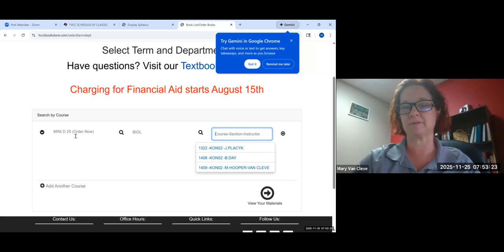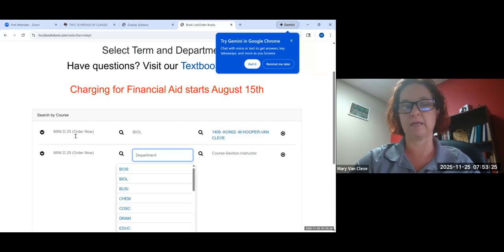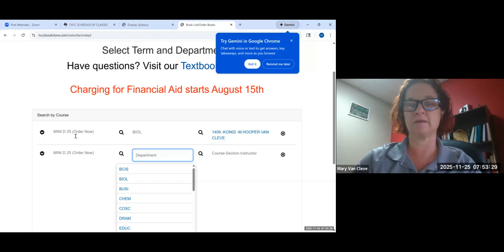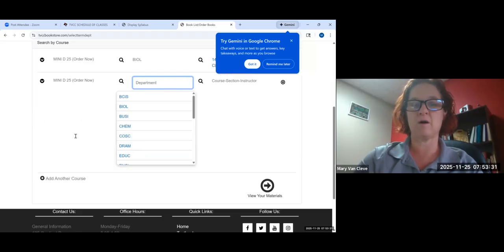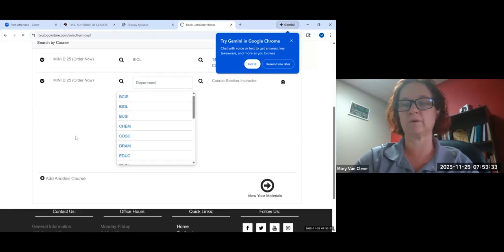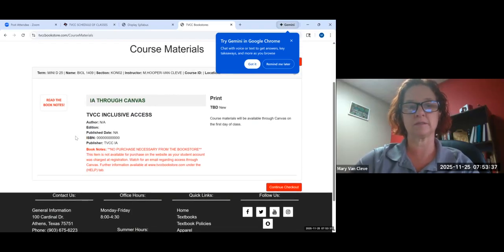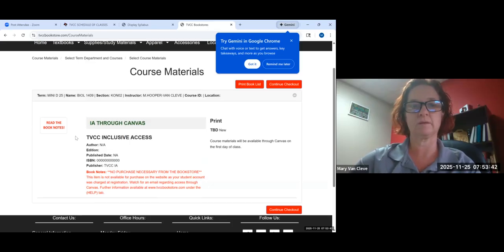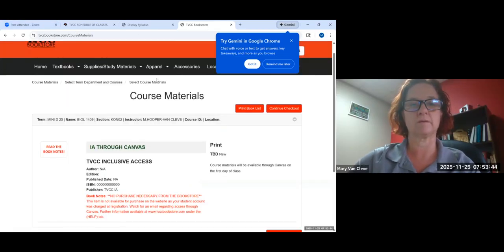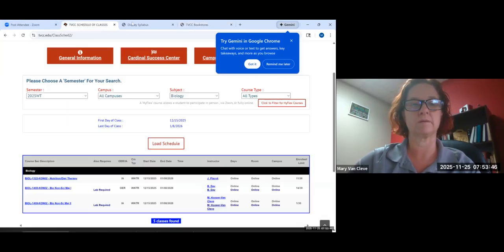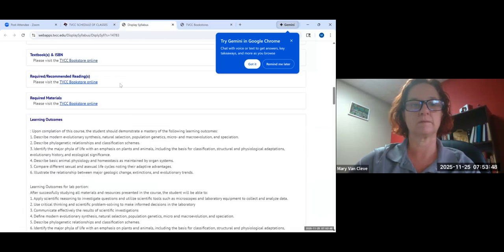So see, it kind of pops them up already. So that's for the winter semester. And then once you're finished with that, you can view your materials for all the courses. Since it's inclusive access, it's not showing what books you would need.